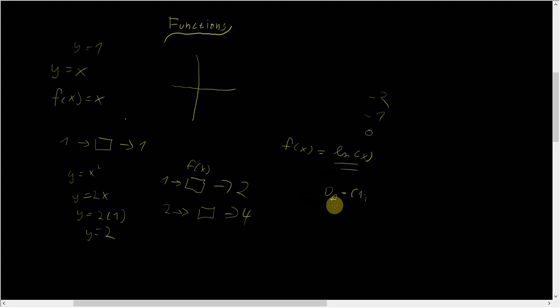Therefore my domain, all of my x values, are limited to a certain subset of R, real numbers, or in more simpler terms, I cannot use all the numbers on the number line in this case.